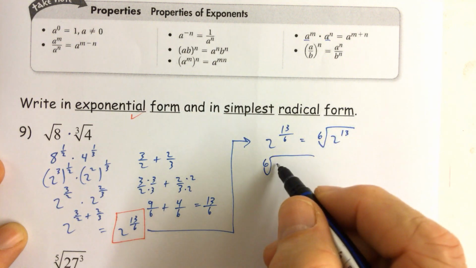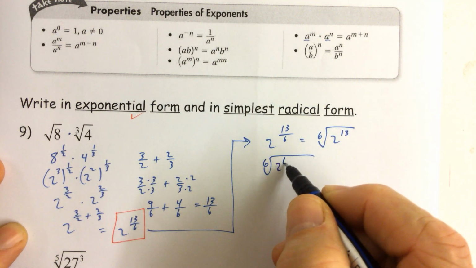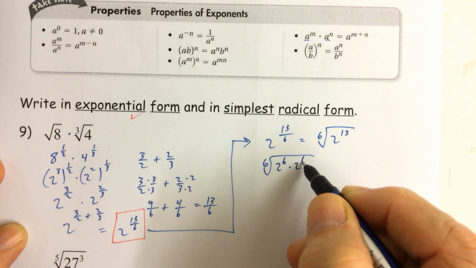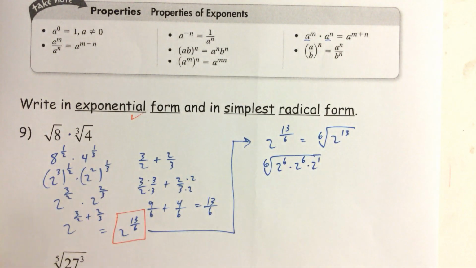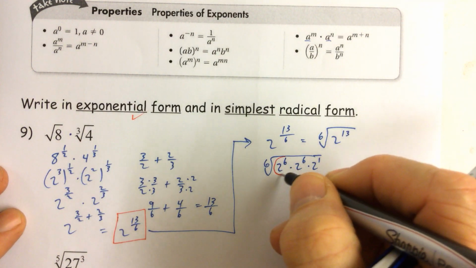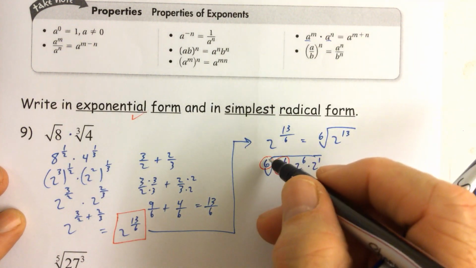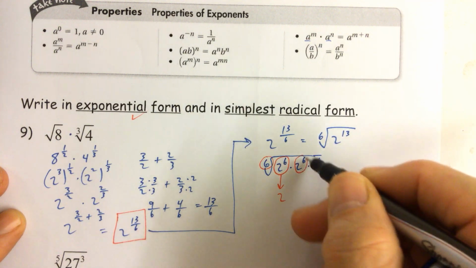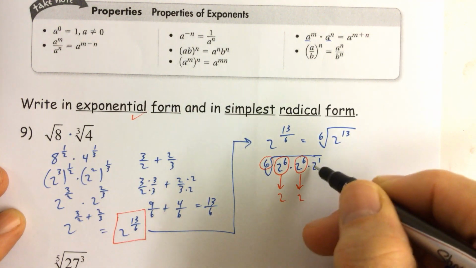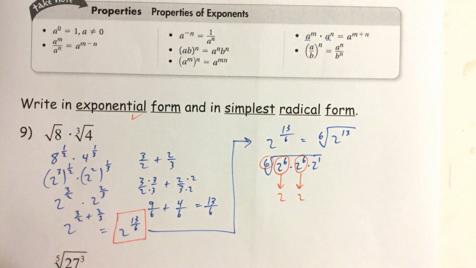We have 13 2's, so we can break it down into 6 2's there, another 6 2's there, and then one more 2. If you remember what we did, we said we need groups of 6, books of 6, and we have a book of 6 2's, another book of 6 2's, and just 1 2 underneath.